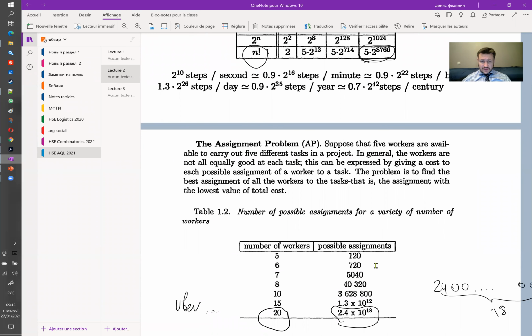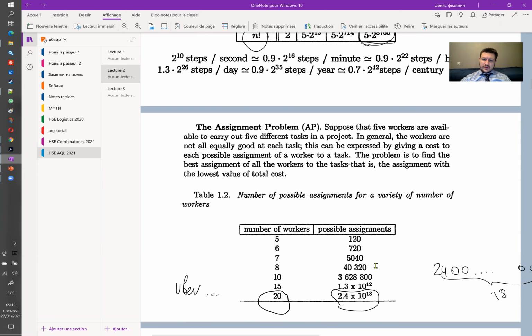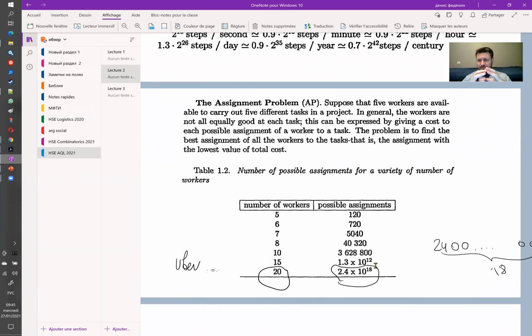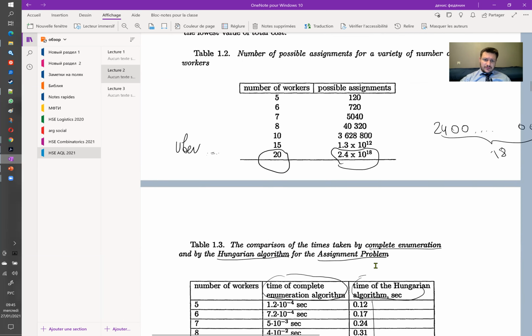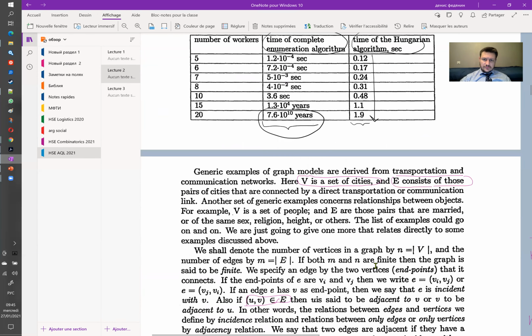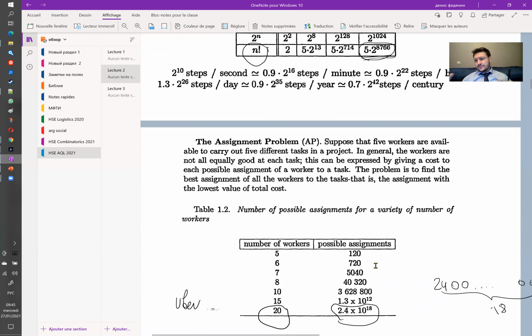We have discussed the assignment problem. Today we will touch this problem a little bit more. The idea is that we have jobs or tasks, and we have workers, and we have a table saying who can conduct which task.